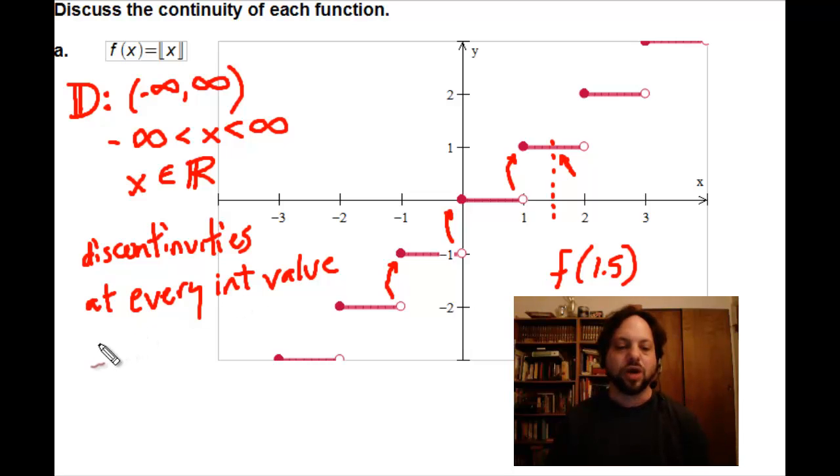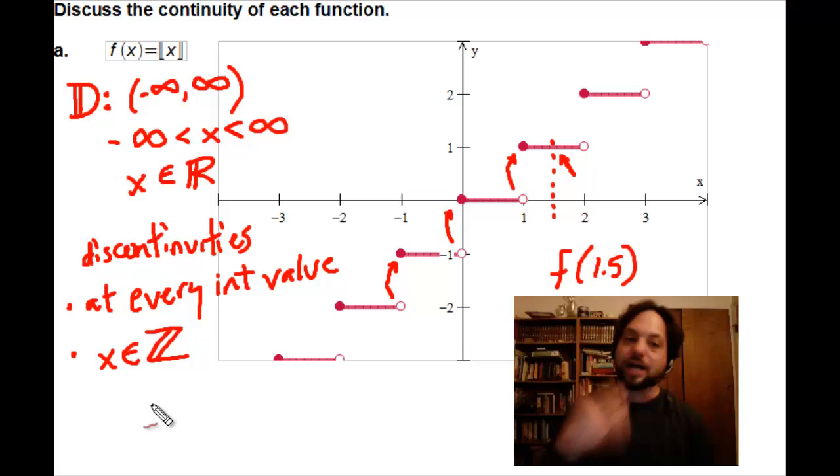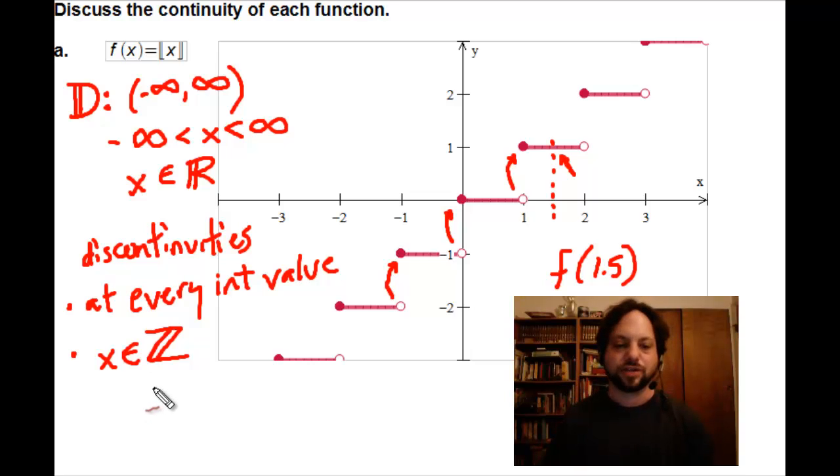We could say discontinuities at all x's that are a subset of integers, and integers can be written as a double bar Z. Again, you can look that up and see for yourself. So we could write it that way.